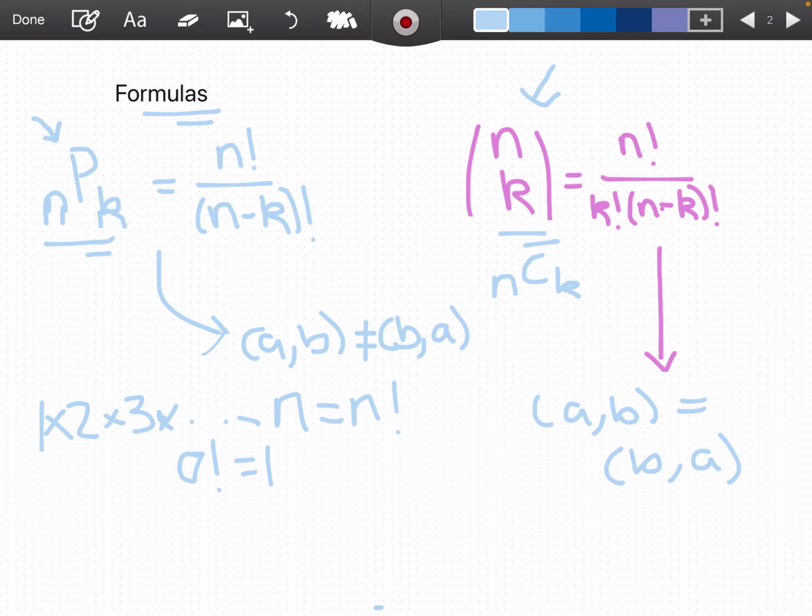So like that, we can give 2 choices for A, 2 choices for B, 2 choices for C, 2 choices for D, and 2 choices for E, because each one can be either in the subset or not. So it has 2 choices. And this is equal to 2 to the power of 5, which is equal to 32. So we have the same answer as before.